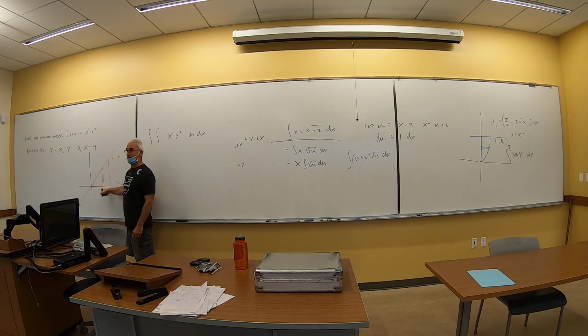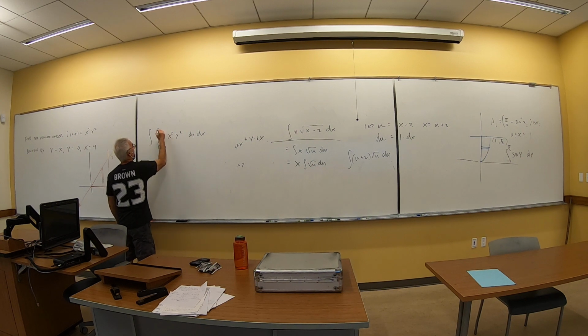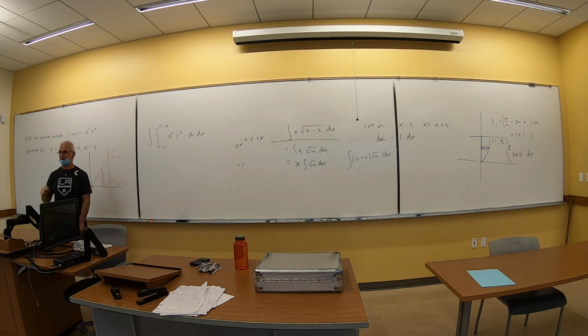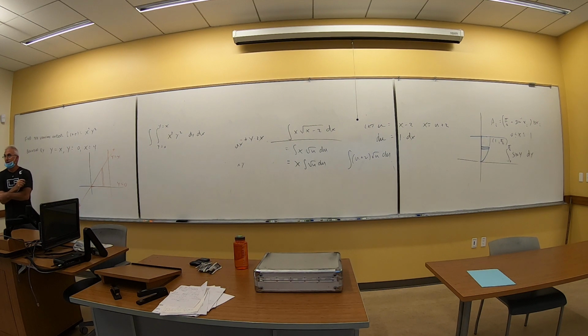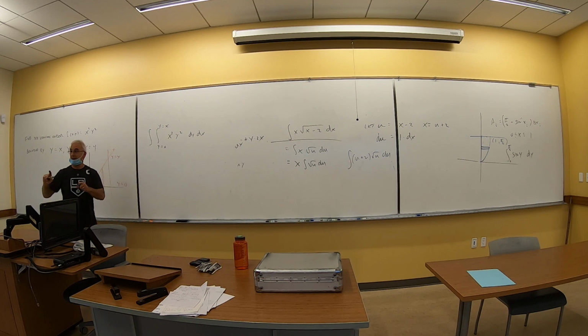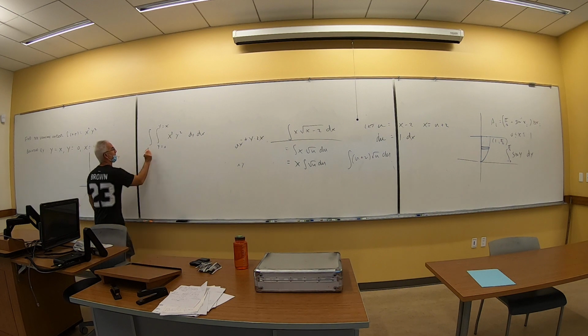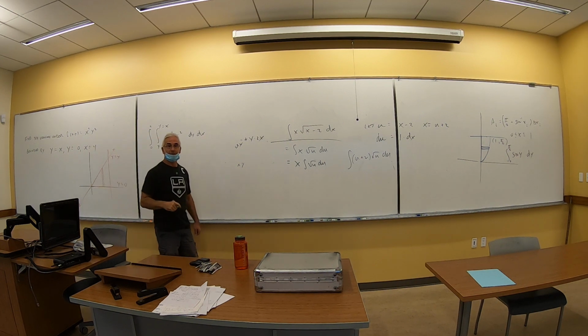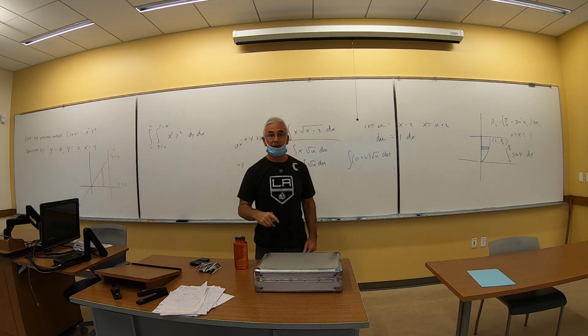I'm going from y equals 0 to y equals x. And I'll write it out. I don't need you to write y equals, but you might need to write y equals at first. Now, x is going from what to what? 0 to 4. X is not bounded by functions. X is bounded by constants because x is the outer one. That has to be constant. So this would be the volume.